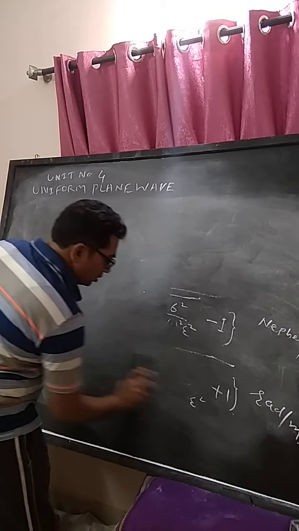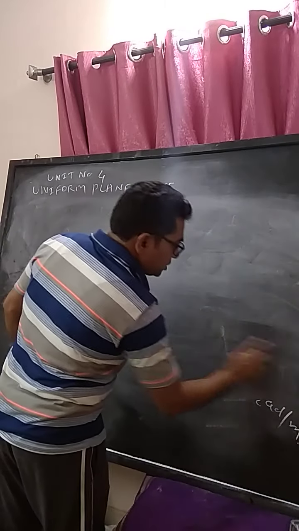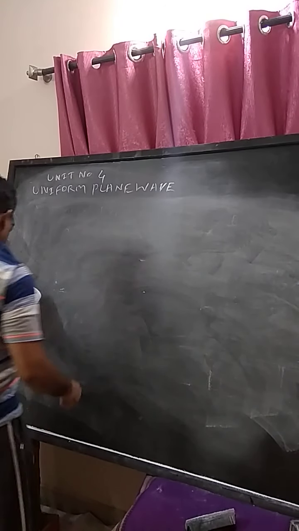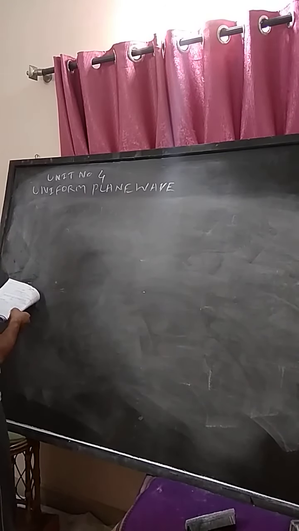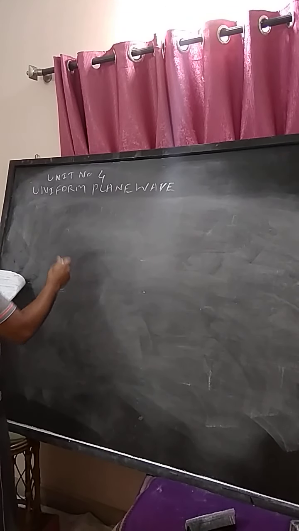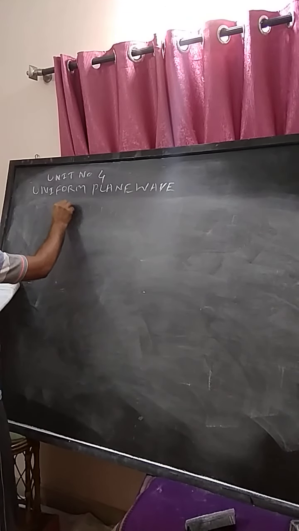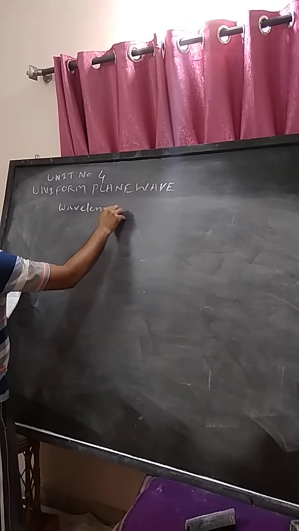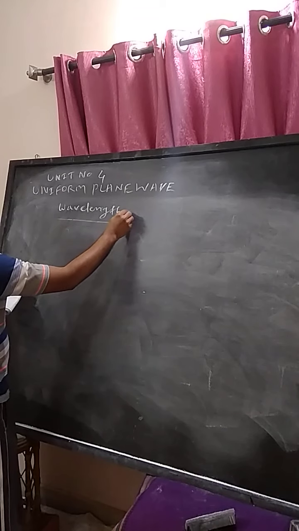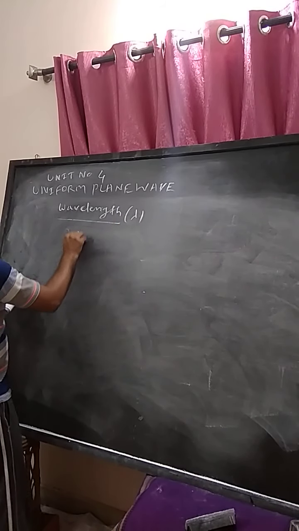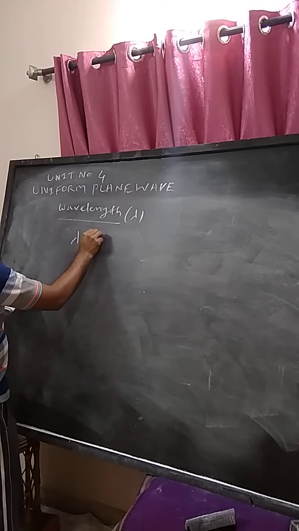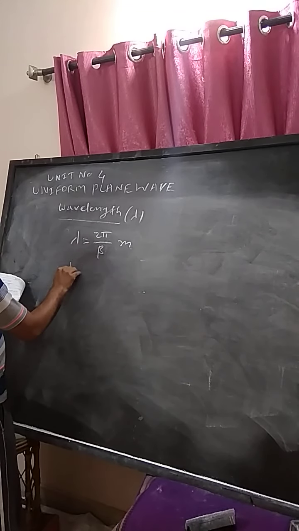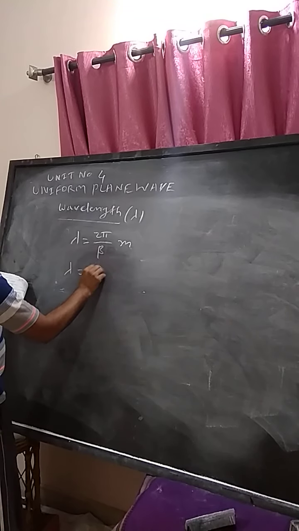Now we have also seen in the class the wavelength. The general formula to calculate the wavelength, denoted by lambda, is lambda equal to 2 pi by beta meter. So we have already calculated the equation for beta.